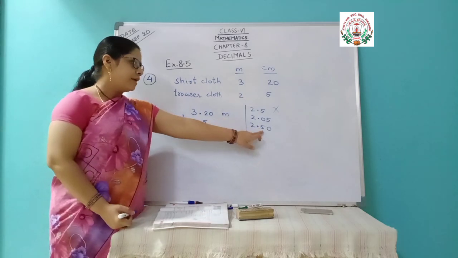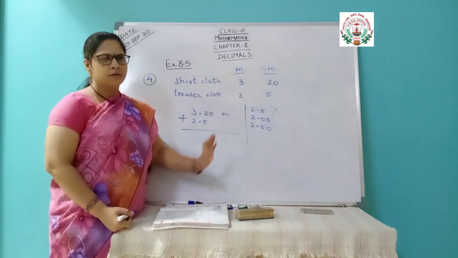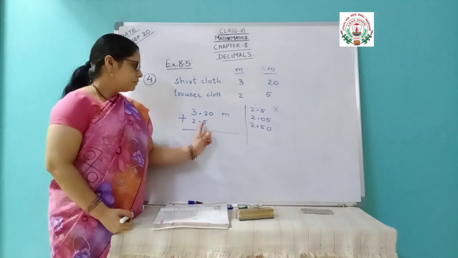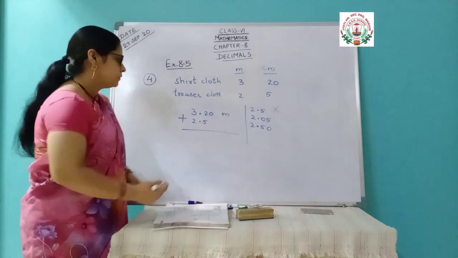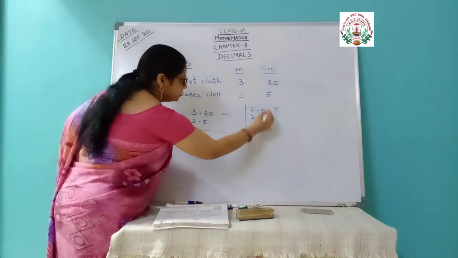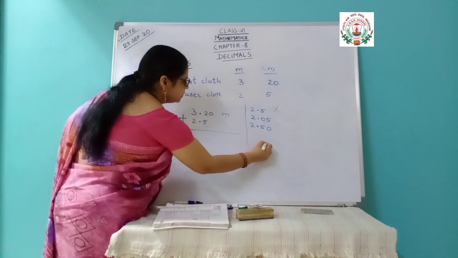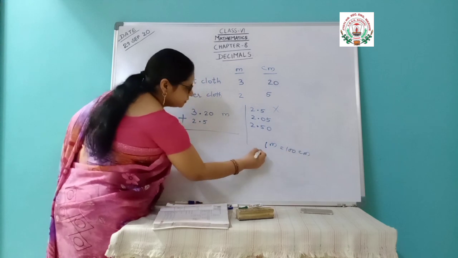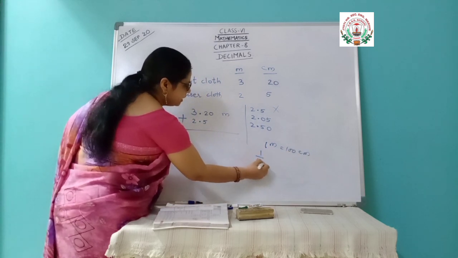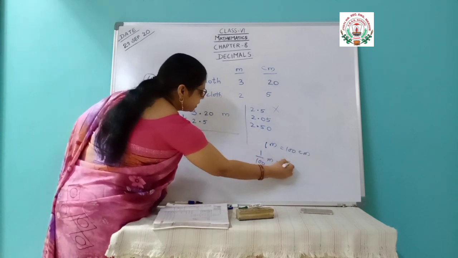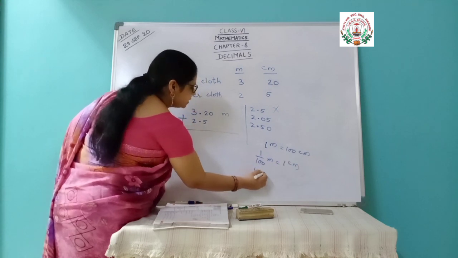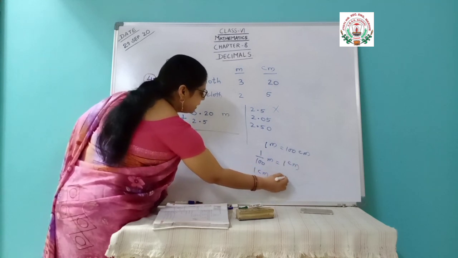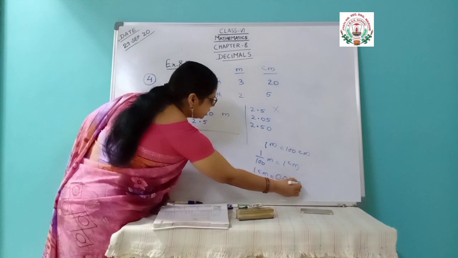If I write 50, it means 50 centimeter. 1 meter is equal to 100 centimeter. So 1 by 100 meter is equal to 1 centimeter. That is 1 centimeter is equal to 0.01 meter.